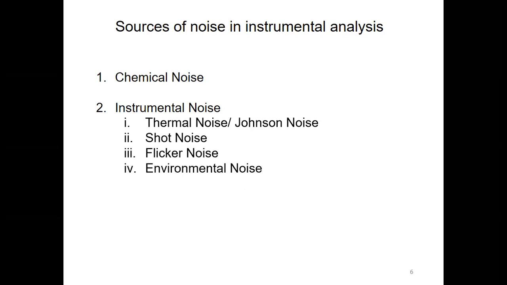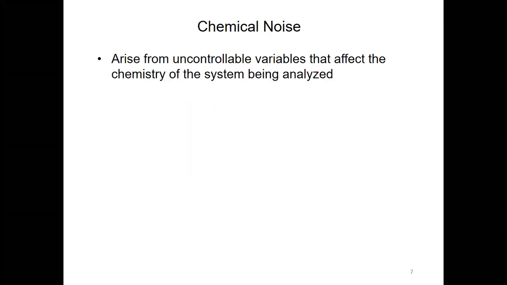We can divide instrumental noise into 4 categories: thermal noise, or Johnson noise, shot noise, flicker noise, and environmental noise. These are the main types of noise associated with instruments, and we will discuss them in detail. First, chemical noise.